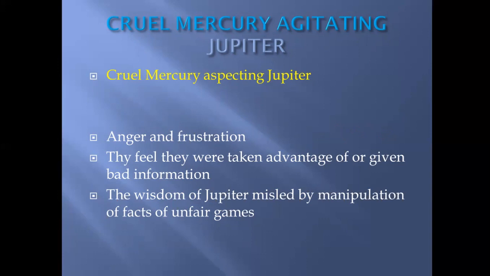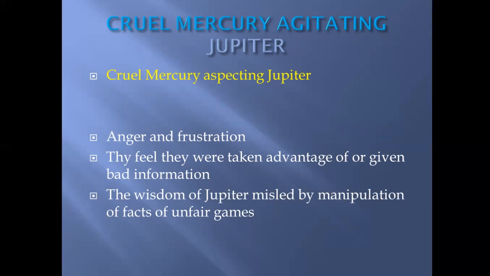They might feel they were taken advantage of or even given bad information. Remember that Mercury is information. And the wisdom of Jupiter is misled by manipulation of facts or by unfair games.